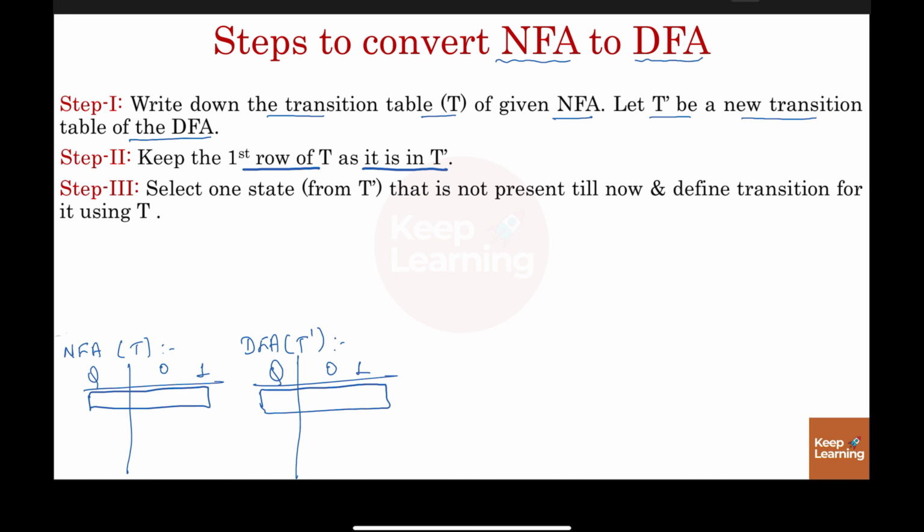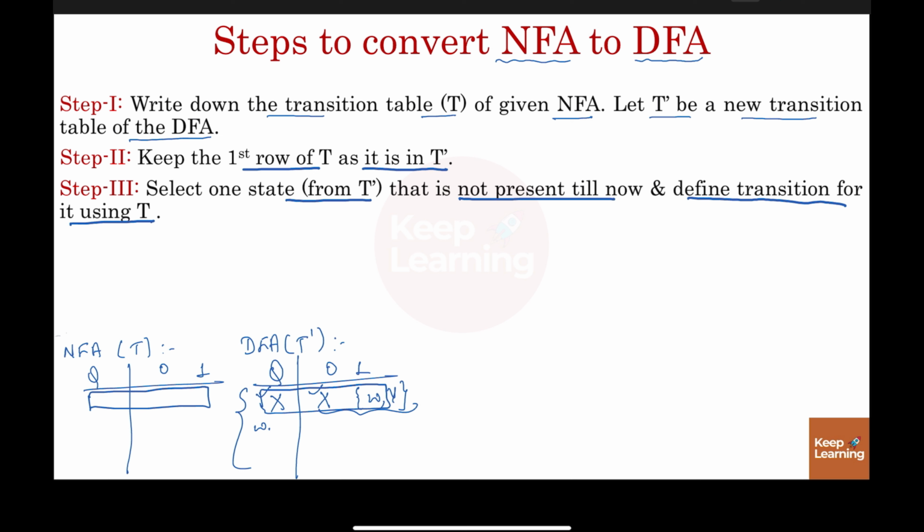Third step, select one state from T dash that is not present till now and define transition for it using T. Let's suppose from state X, by taking input 0 you are reaching at Q itself, and by taking 1 you are reaching at W and Y. So X is defined here, we have to check the states present here are defined here or not.